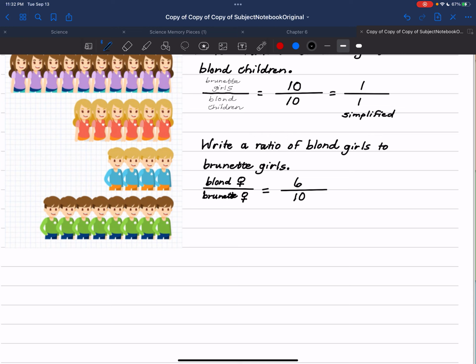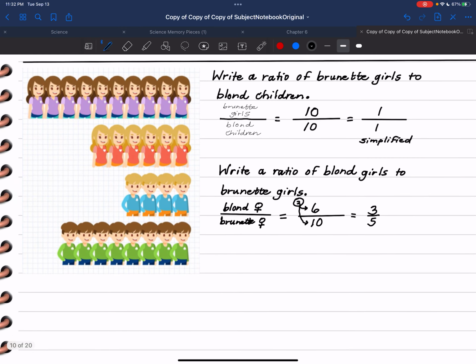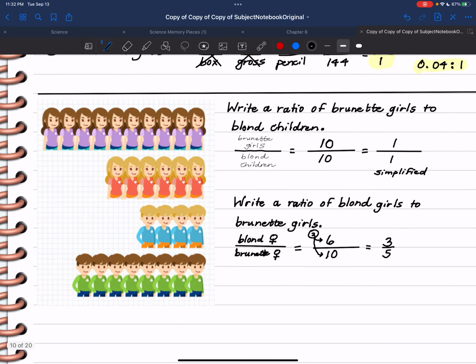That's the ratio. And this one is going to simplify by 2. So 2 into 6 is 3, and 2 into 10 is 5. So let's see if that indeed turns out to be true.